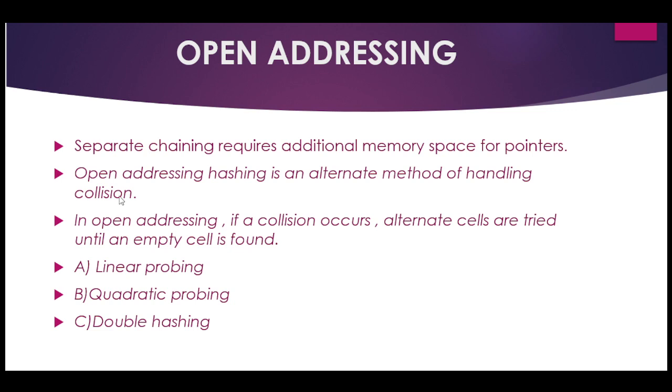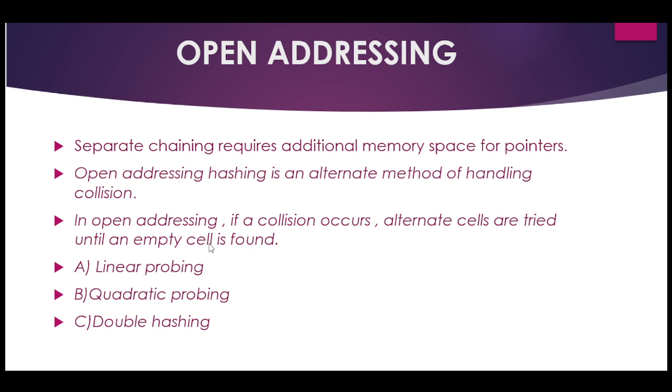Separate chaining requires additional memory space for pointers. Open addressing hashing is an alternate method of handling collision. The first method is separate chaining, and the alternate method we have is open addressing for collision resolution. In open addressing, if a collision occurs, alternate cells are tried until an empty cell is found.